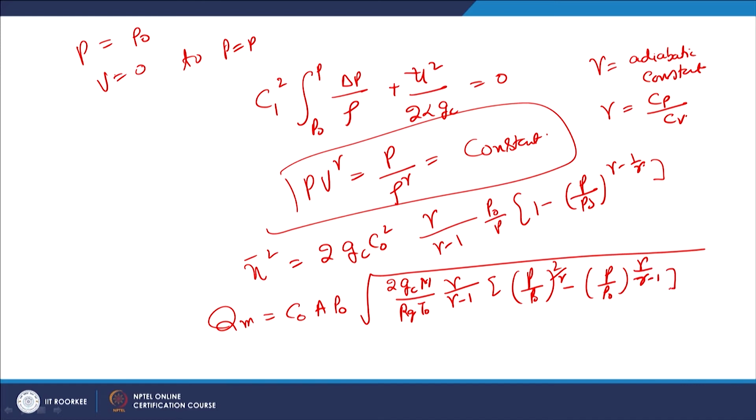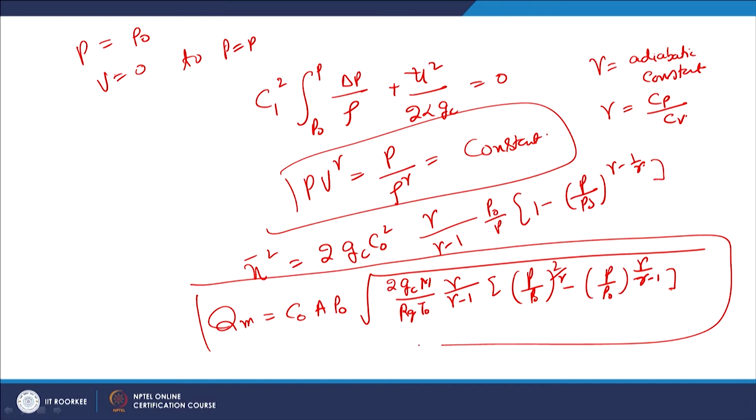By this way you can calculate the mass flow rate at any time during the isentropic expansion. So this is the general equation.